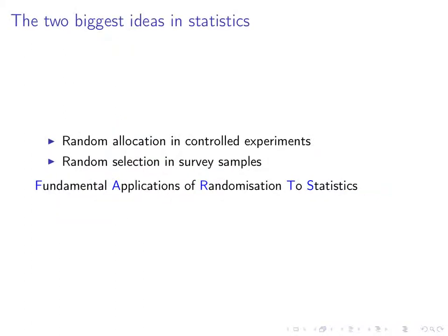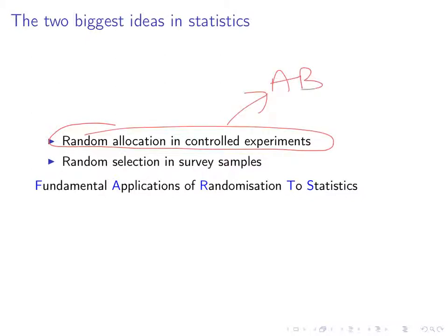Two massive applications of randomness, all hidden in the procedures: you need random allocation of subjects in controlled experiments such as A/B testing, which is really well described in SuperCrunchers, and you need to apply random selection in survey samples. Not particularly mathematical, but clearly the algorithms that generate the random numbers, as we've discussed, have to behave as if they were true random numbers.